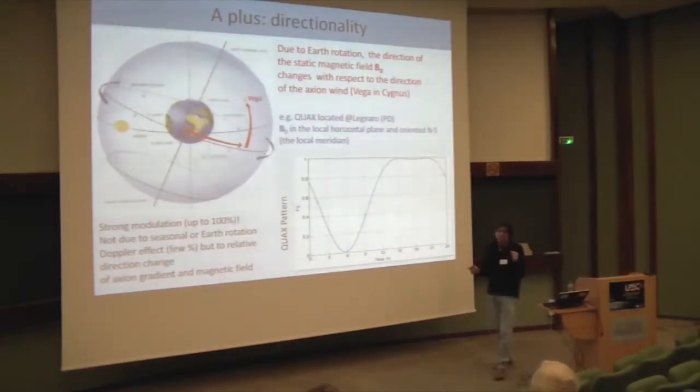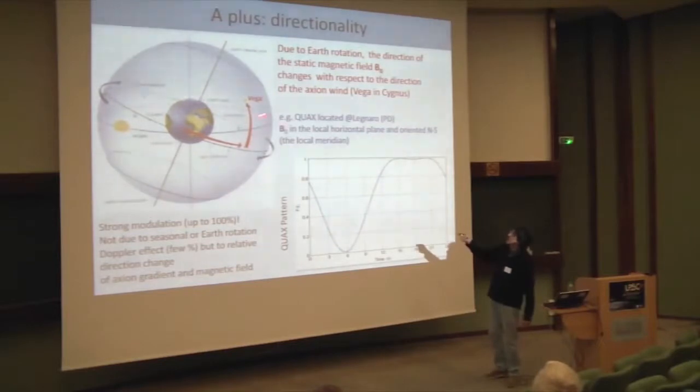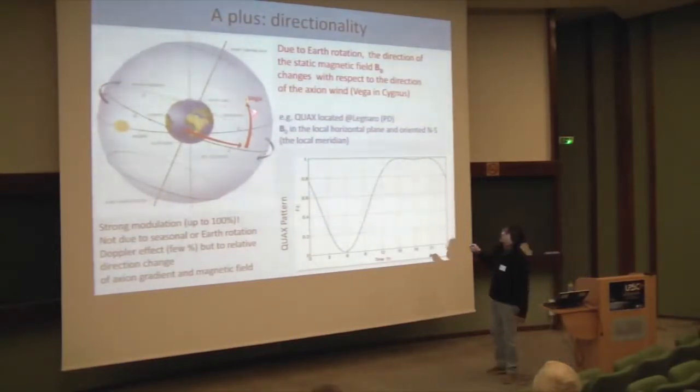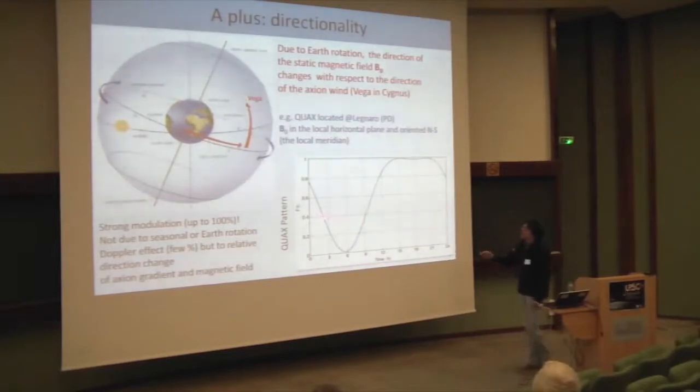And this direction has to be orthogonal to the direction of the static field that we put on our setup. Due to this, and since the Earth is moving daily and annually with respect to Vega, which is where the solar system is moving in the dark matter halo, there is a strong modulation of the signal, and this can be useful because we can have systematic studies in our apparatus.